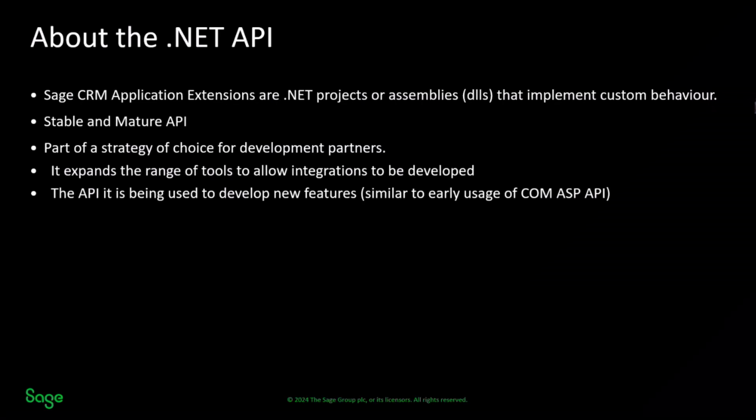So the .NET API is now a very mature API. It's been around for years. It's used within the product and it's continued to be used within the product to develop features. You'll see that in a moment. So it's very stable, it's very mature. There aren't many known issues associated with the .NET API.